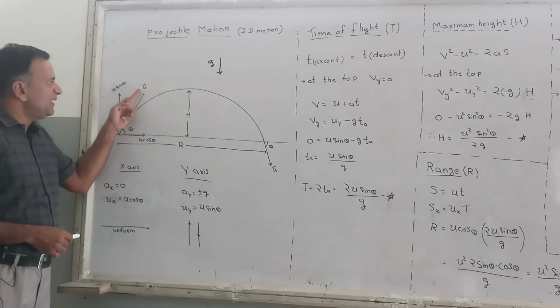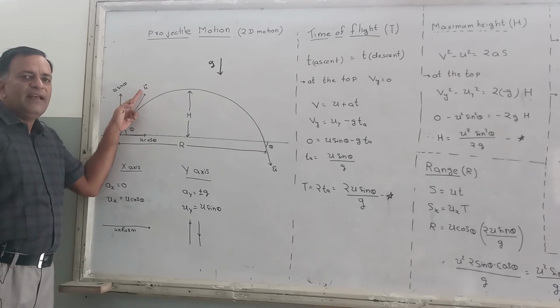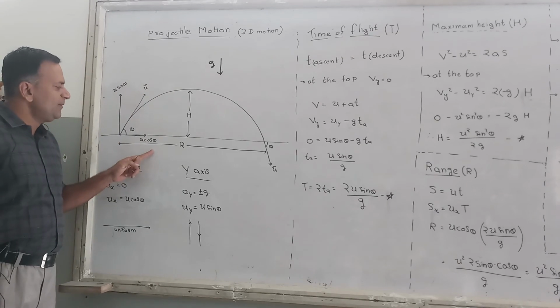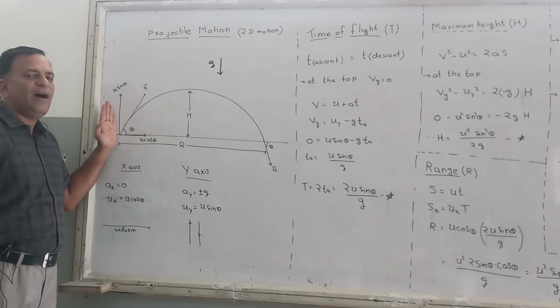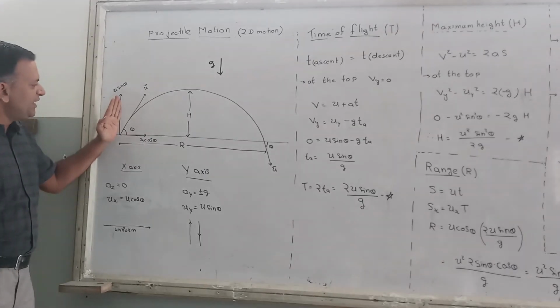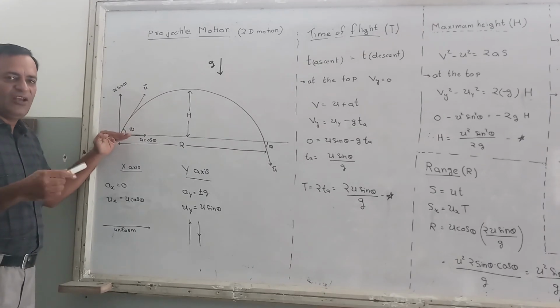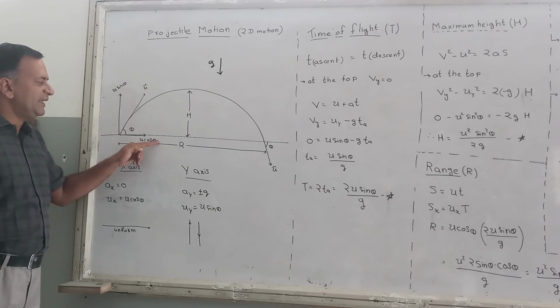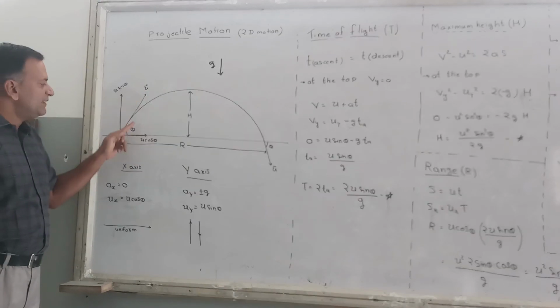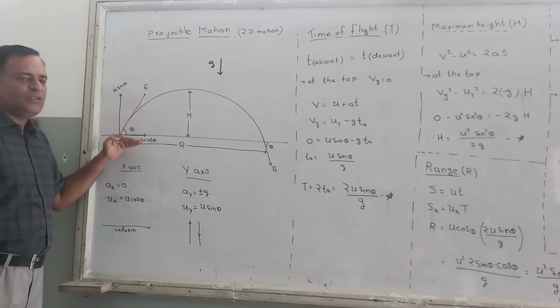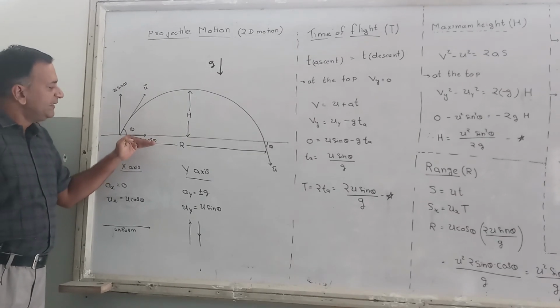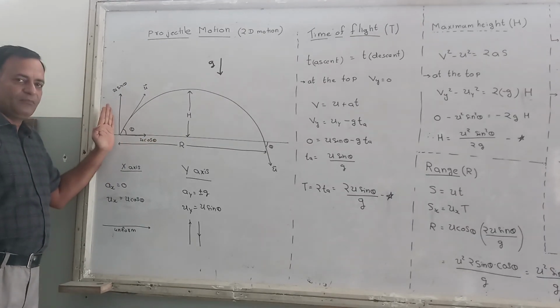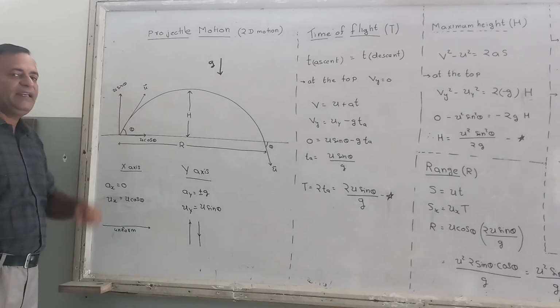So for that purpose, initial velocity u is resolved in x direction and in y direction. What is the velocity given to the projectile in x direction? It is u cos theta. This is u, this is theta, so the adjacent part becomes u cos theta. The perpendicular part becomes u sin theta.